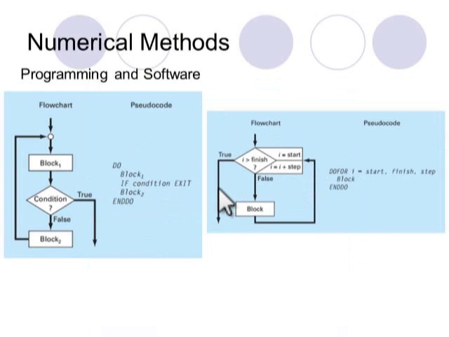Okay, so let's look at another one. Here's another flow chart. For example, we have a junction, so we begin the code. There's a block 1, there's a command, something to do. There is a conditional statement.